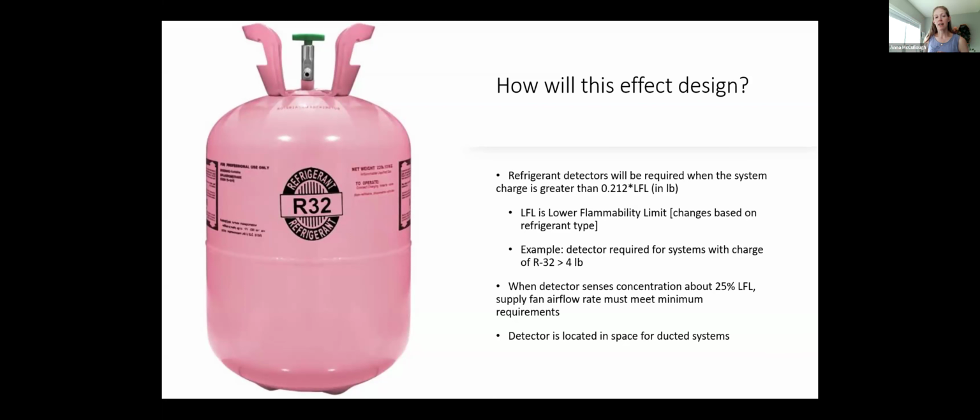So essentially, what we're going to be seeing is that most systems, if you have refrigerant within your building, so you have a split system or you have an RTU, you are probably going to require these detection systems. A 4 pound refrigerant charge is fairly small.